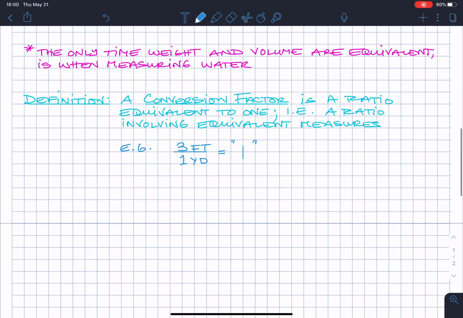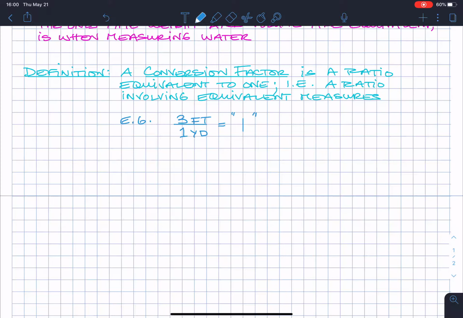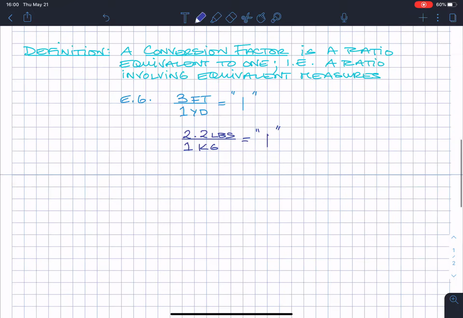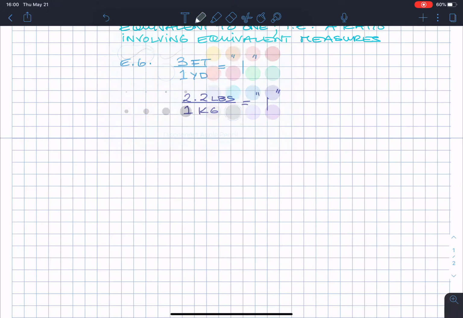Because 1 yard is the same as 3 feet, this is technically something divided by itself. Another example would be 2.2 pounds to 1 kilogram. Because 1 kilogram is equal to 2.2 pounds, this is also considered, quote, unquote, 1. Okay, so these are conversion factors, and you'll see how we use these in the next example.